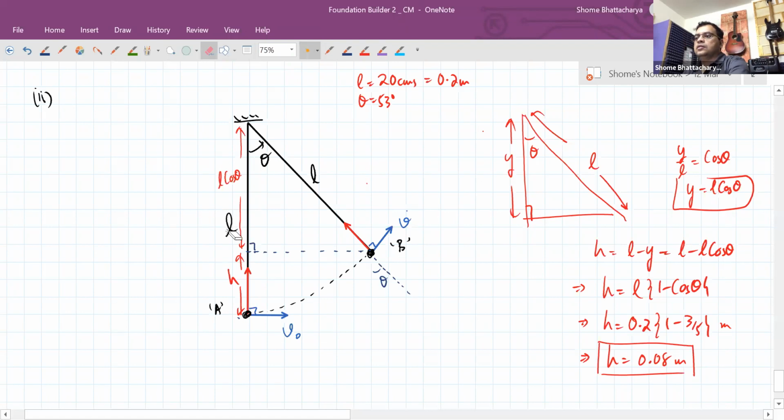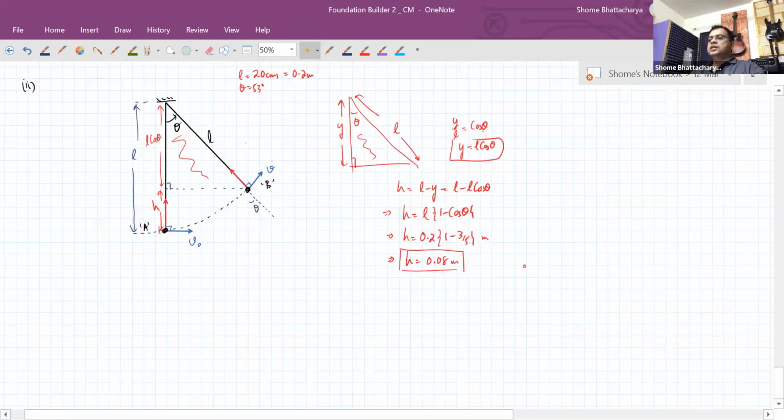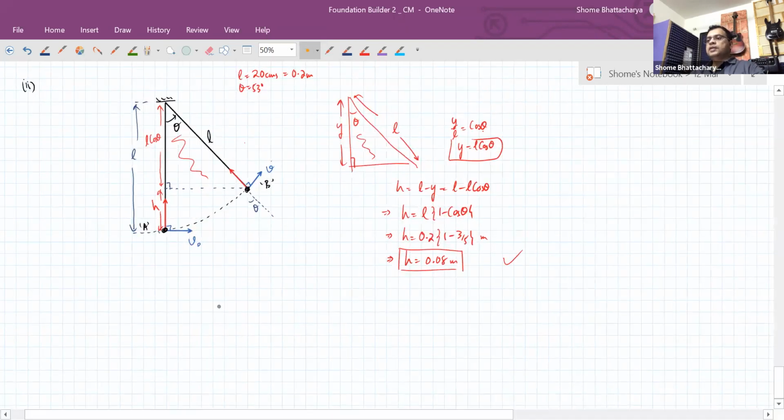Okay. This total length is L. Yeah. So this triangle here, that's this one. So this is clear, I hope, to everybody. So now you apply work energy.